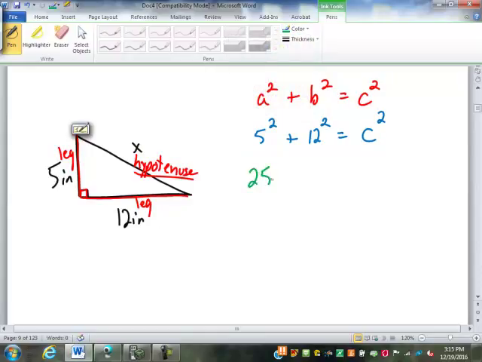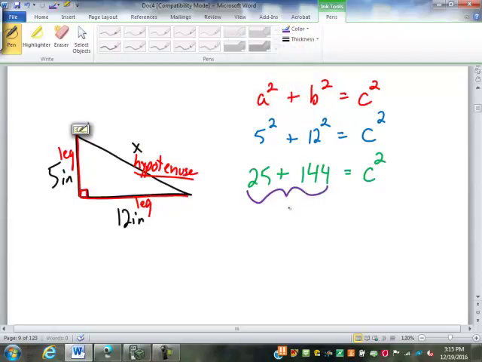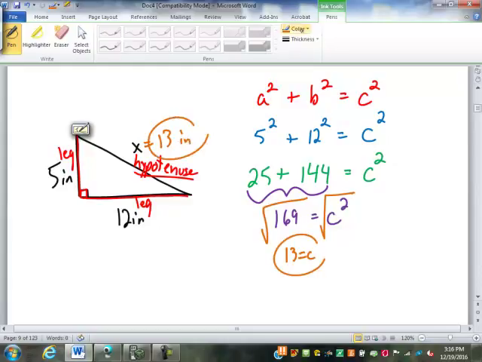Very good. 12 squared, 144. Now I have to combine 25 and 144. 169 equals c squared. The last thing I have to do is square root. 13 equals c. So this side here is 13 inches long.